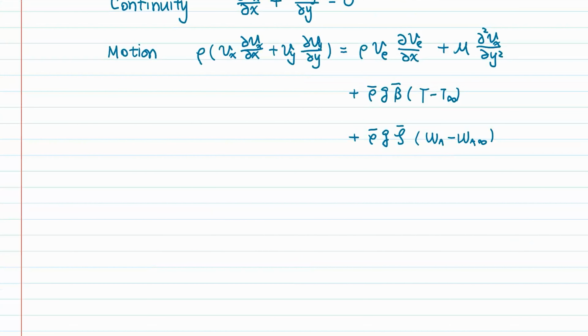Okay, so you can see that we have an additional buoyant term. But typically, they are not as important because we're usually dealing with forced convection problems where these free convection terms are not that much important.